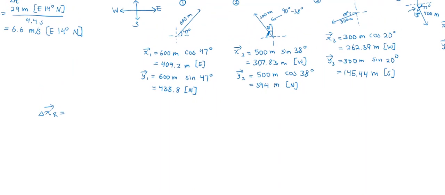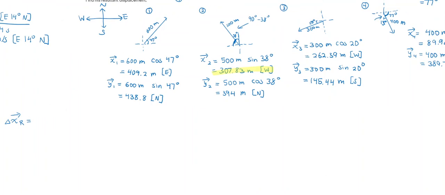Now, we can do the same thing before where we look at which one is smaller and which one is larger, and that's how we decide which one to flip. However, we have so many components here. So we're just going to go ahead and do it either way, and then we'll deal with it at the end of our calculation. So let's just say we want to make all of it east. That means this one needs to flip, and this one needs to flip.